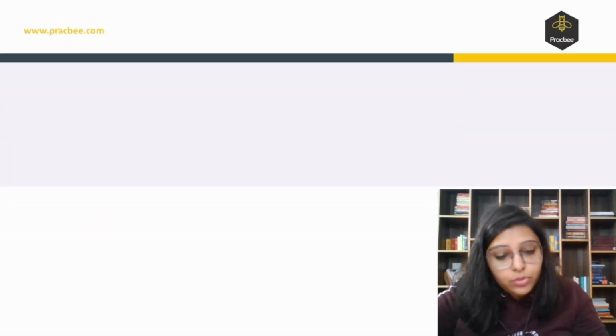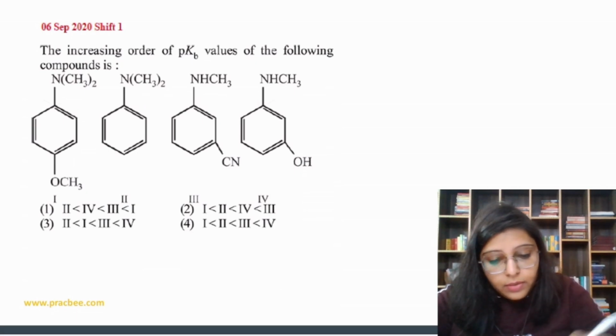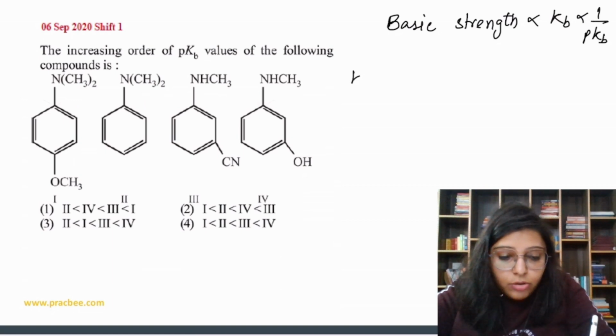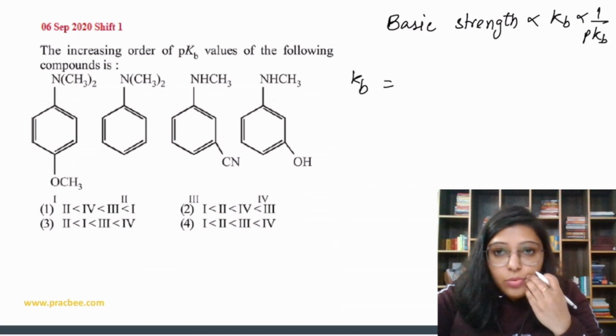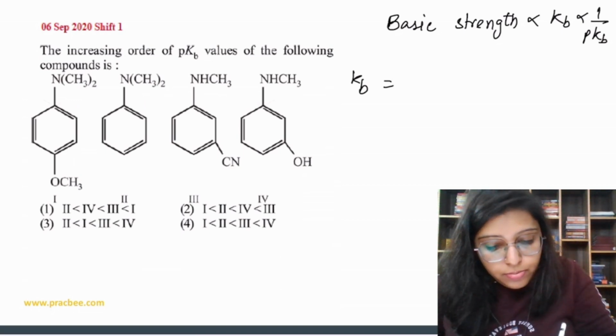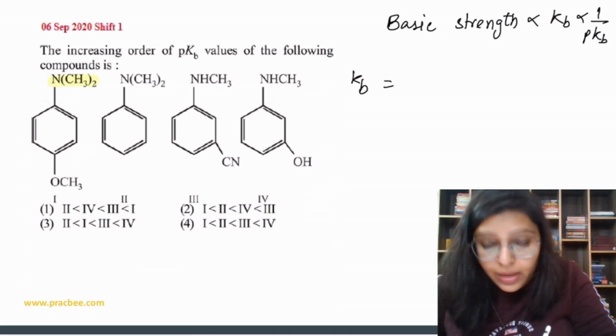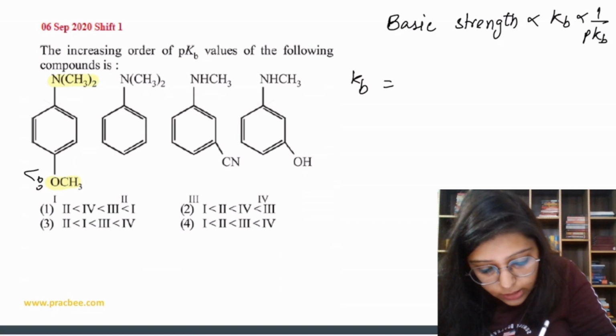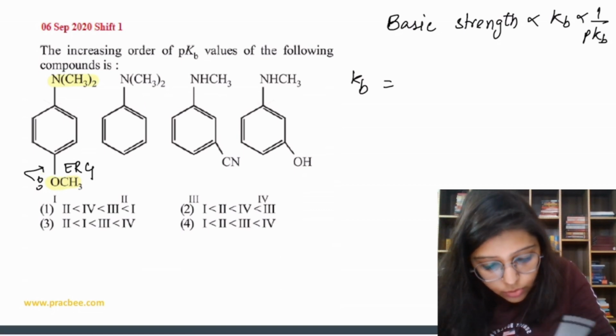Okay. Now next question, pKb value. So basic strength is directly proportional to the Kb value and inversely proportional to the pKb value. So first we have to find out the Kb. So Kb is going to be more for, so see, N,N-dimethyl, and we have OCH3 which is the electron releasing group.